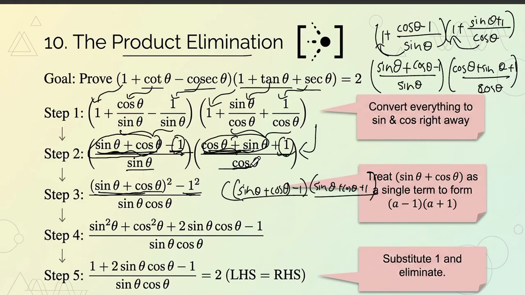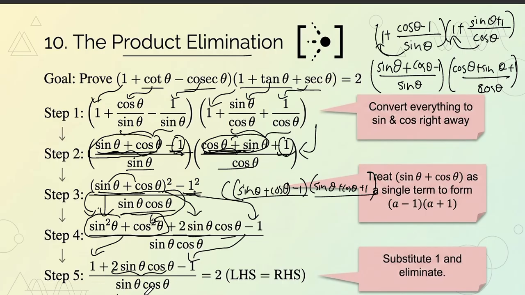Denominator sin theta into cos theta as it is. So if we apply here a plus b the whole square, if we expand this, so a square, which is sin square theta, plus b square, which is cos square theta, plus 2 times ab, so 2 into sin theta cos theta, minus 1 square is 1. Okay, so sin square theta plus cos square theta, which is nothing but 1, plus 2 sin theta cos theta as it is, and this minus 1 as it is.